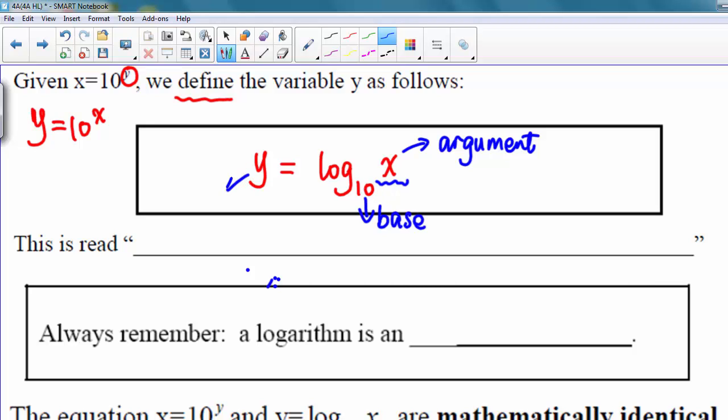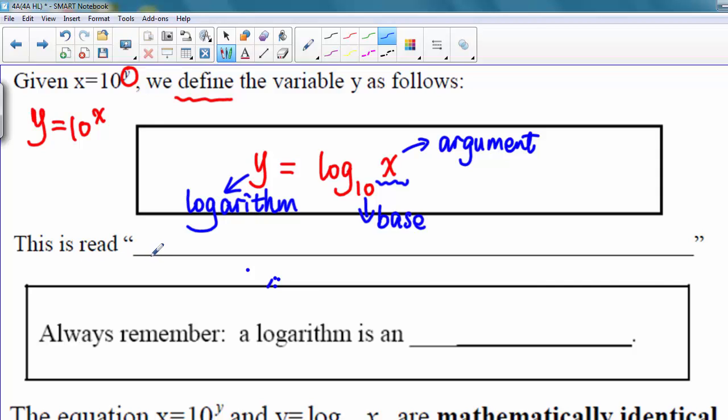And then how to call y? Because the y in the inverse, previously it was in the exponent, right now we brought this y down. We call this y logarithm. Logarithm is a Latin word. The meaning in Latin is the inverse of the exponential operation.